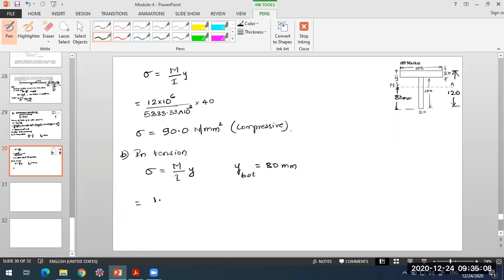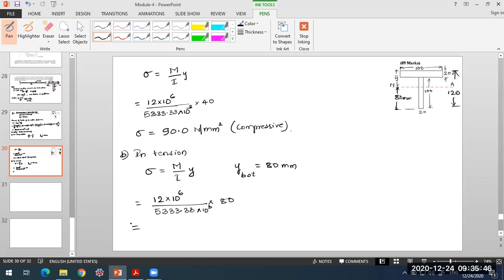Now if I substitute the values of bending moment, which is 12 into 10 raised to 6, and the moment of inertia, that is 5333.33 into 10 raised to 3, and y bottom is 80 mm, that will give me the maximum tensile bending stress. 12 into 10 raised to 6 divided by 5333.33 into 10 raised to 3 into 80.